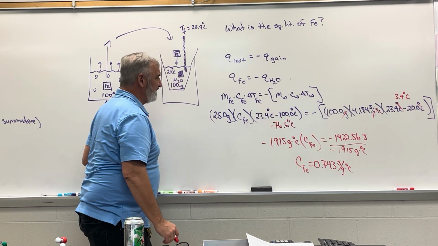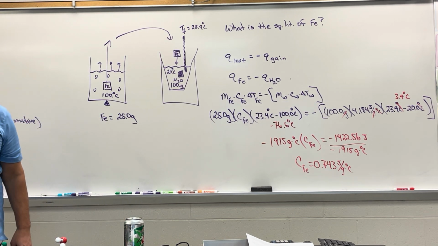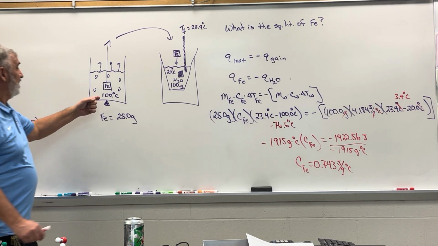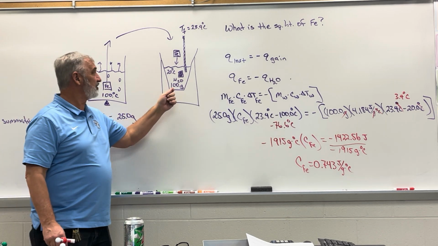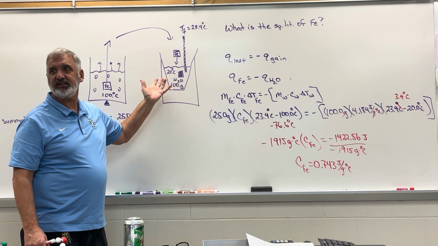So what number do you think is wrong? T final. Because that's the only one I made up. Everything else is pretty consistent. I can control 100 degrees. I can control 20-degree water here. It's just how much the temperature is going to change, I just guessed.